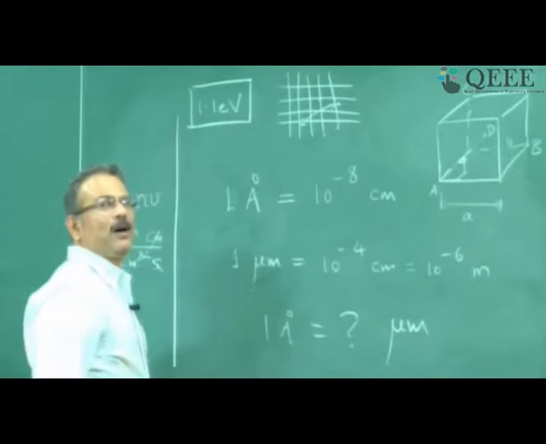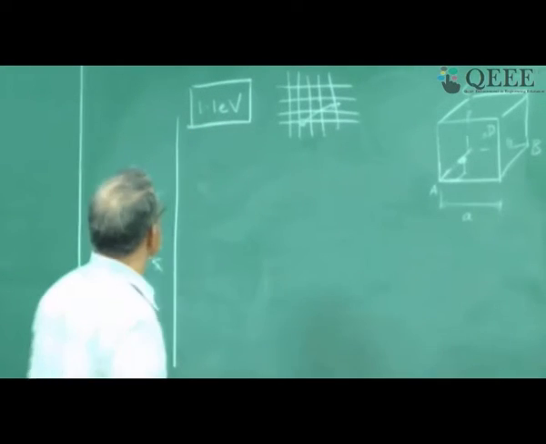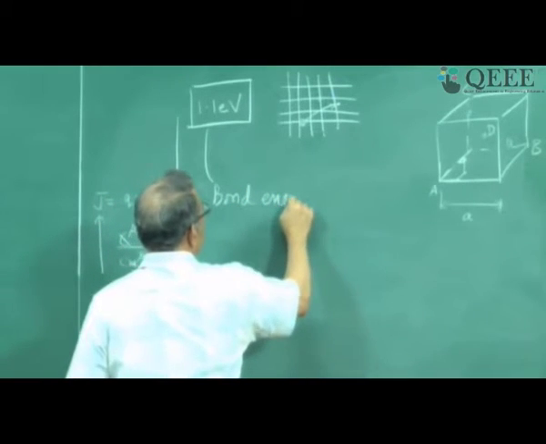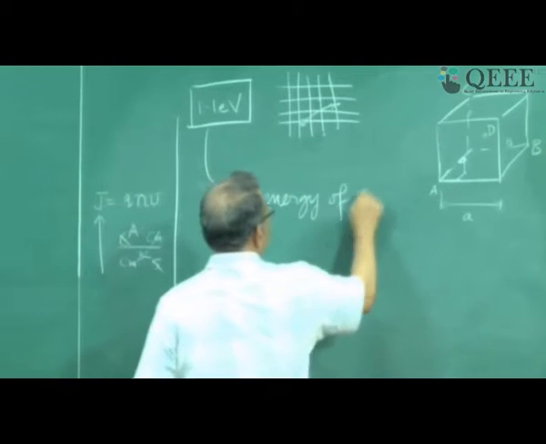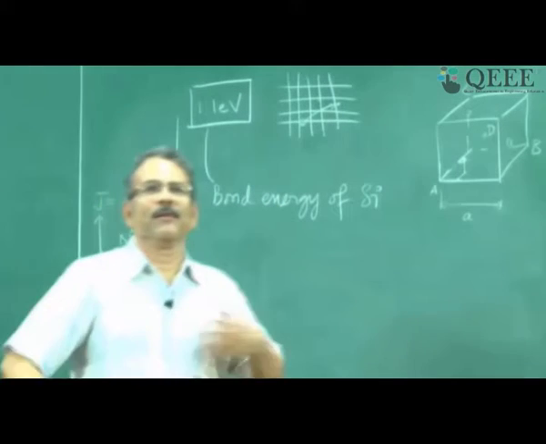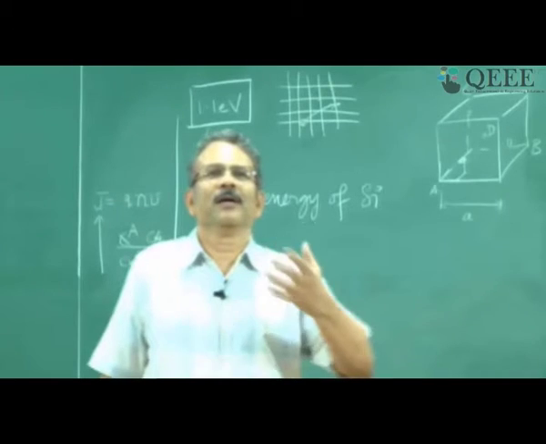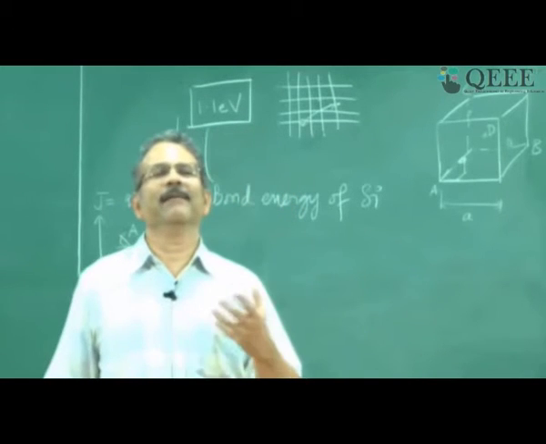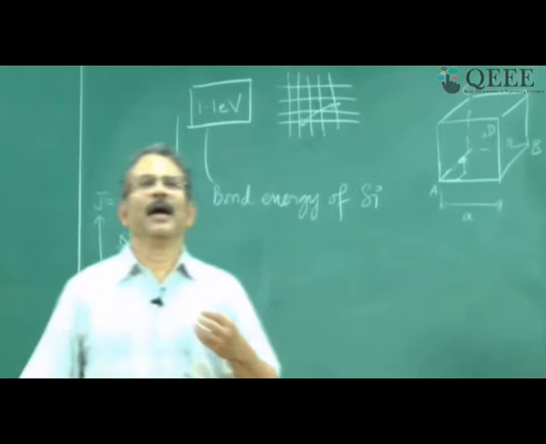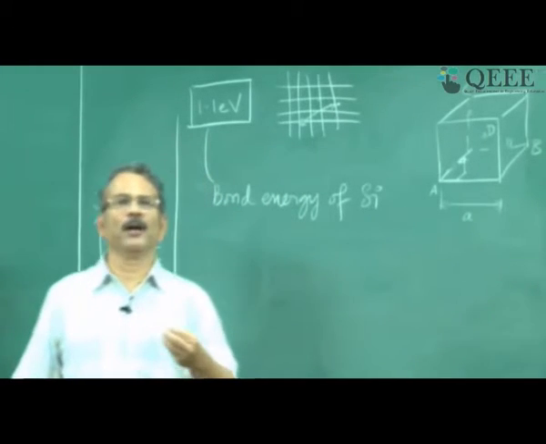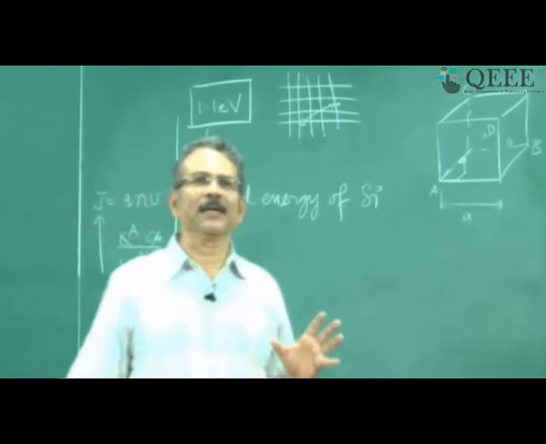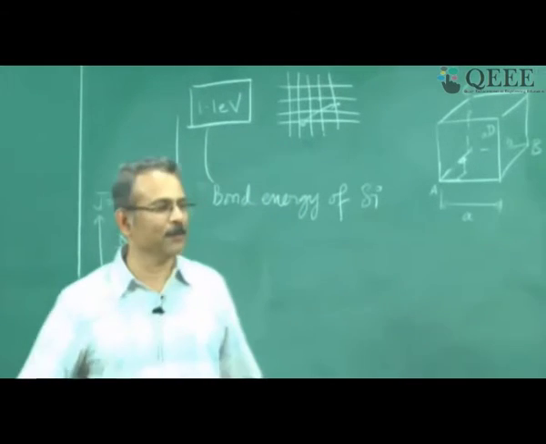That is the bond energy of silicon. So, if the vibrational energy of the silicon atom anywhere becomes more than 1.1, then an electron which is participating in the bond right next to the atom can become free, and only few atoms in the crystal will have more energy than 1.1 electron volt.